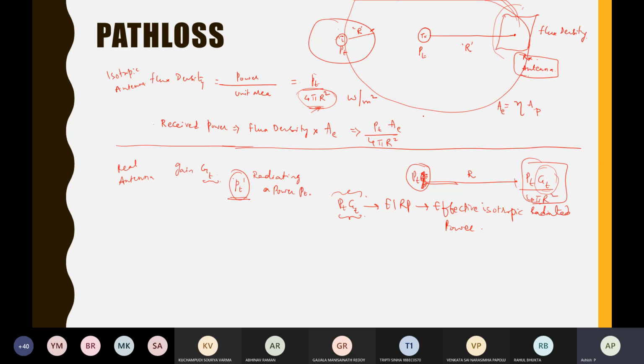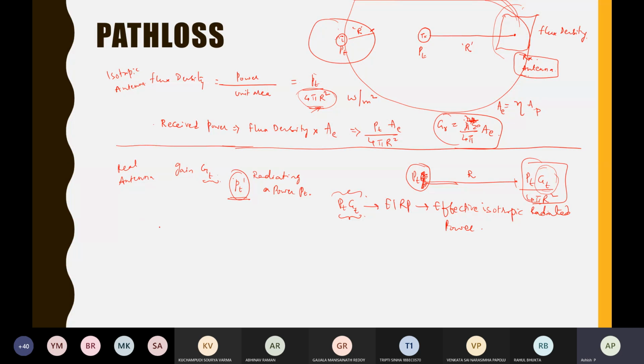Then this AE can be expressed in terms of the receiver gain. The receiver gain can be written as GR equals 4 pi by lambda square into AE.